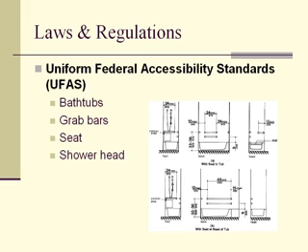Depending on the type, if it's the one on top, it has to have them on all three walls. If it's the one on the bottom, the one that has the seat in the back, it does not require a grab bar on the head wall, because that's where somebody would sit down, and you don't want a grab bar obstructing that seat in the tub.